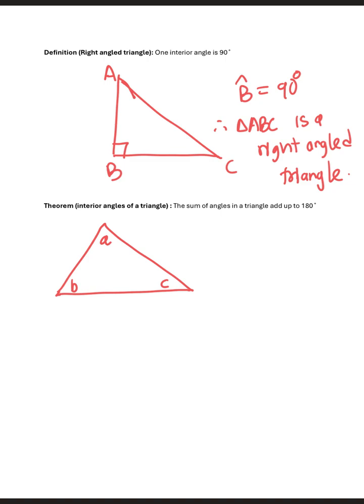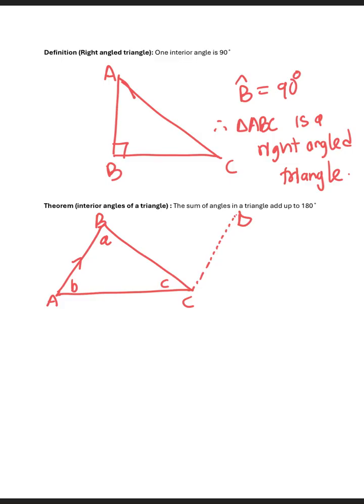So I'm gonna do a construction. I'm gonna construct the line here such that, so here I have A, B, C, and I'm gonna construct CD. So we construct CD, right?